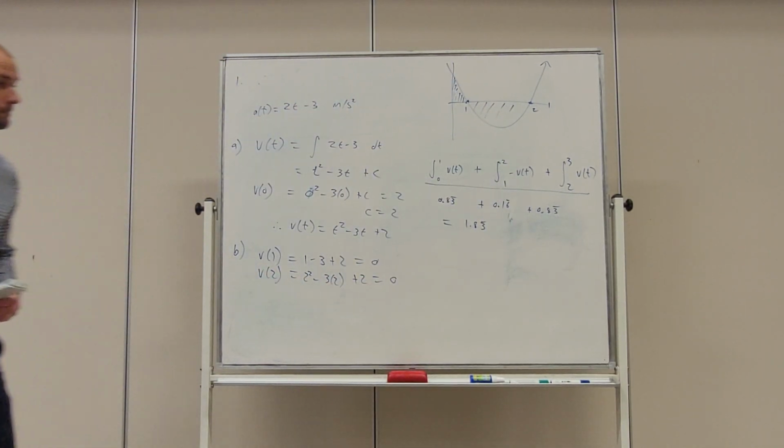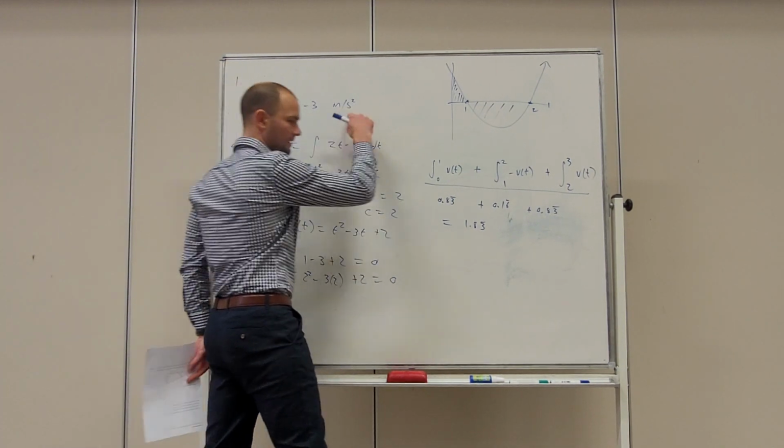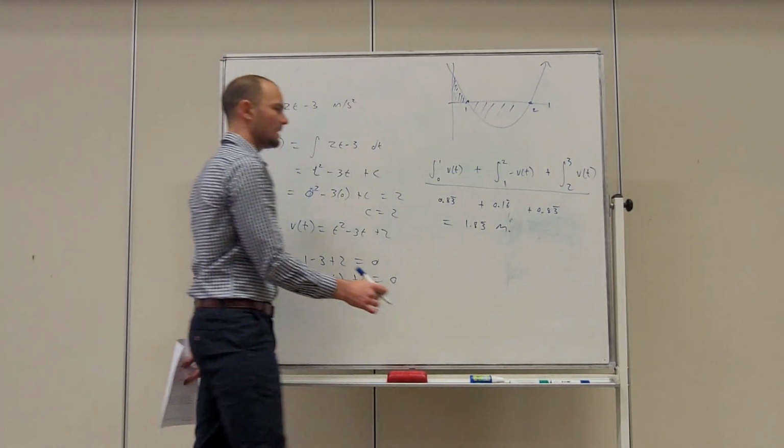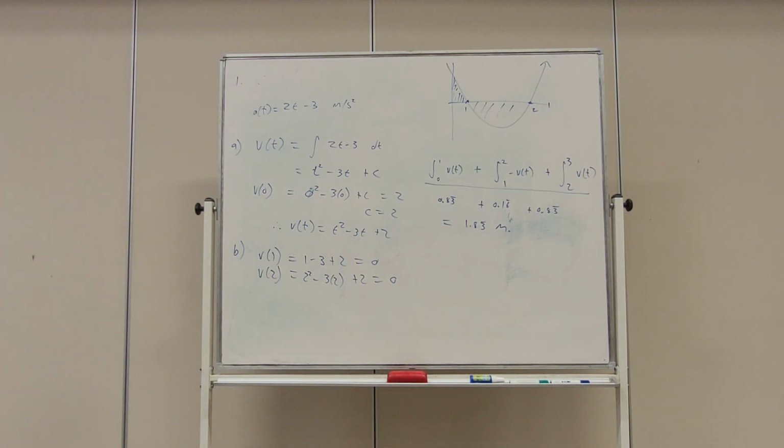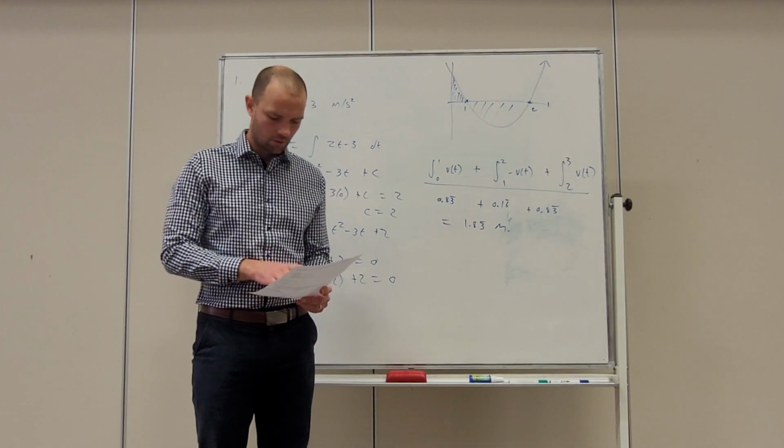Excellent. Okay, so let's answer it as well, rather than just having the unit. Find the total distance travelled. Okay, so our acceleration is in meters per second squared, so our distance is in meters, our velocity is in meters per second. Okay, make sure we answer in terms of the context.